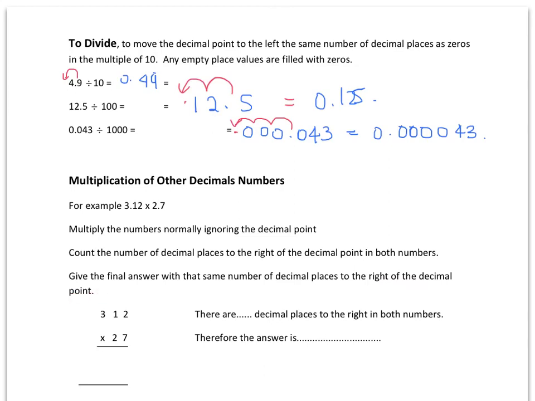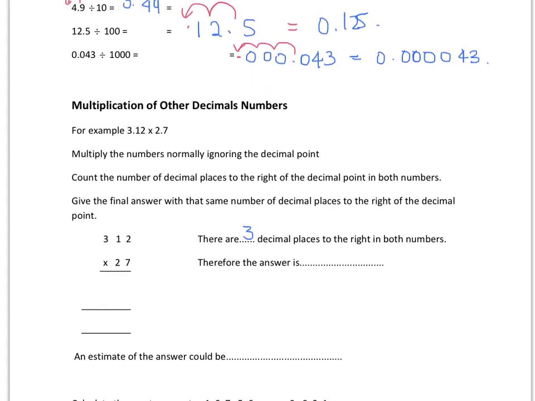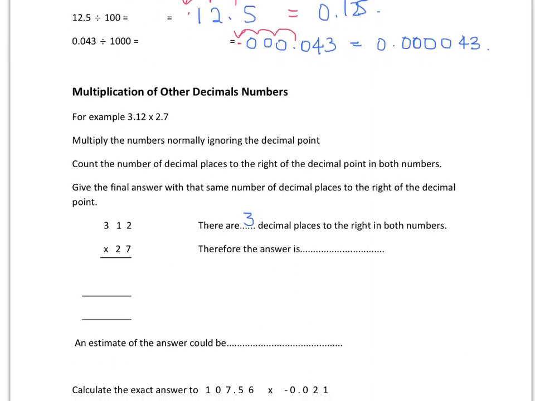So we've determined there are 3 decimal places to the right-hand side in both the numbers. So then we need to perform the multiplication as if the decimal numbers were ordinary numbers, so ignoring the decimal point. And beginning on the right-hand side, 7 times 2 is 14, carry the 1, 7 times 1 is 7, add 1 is 8, 7 times 3 is 21.